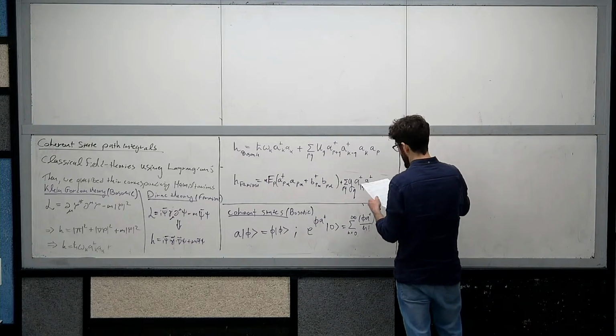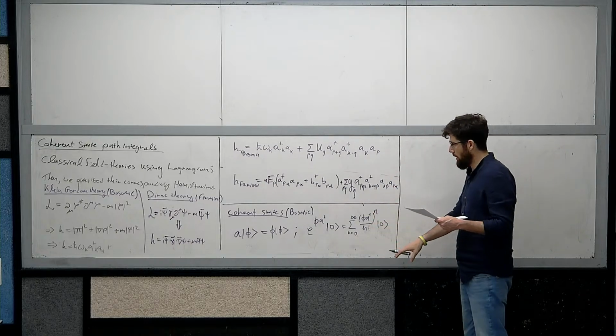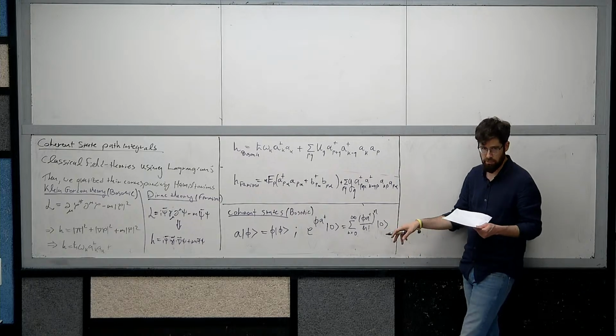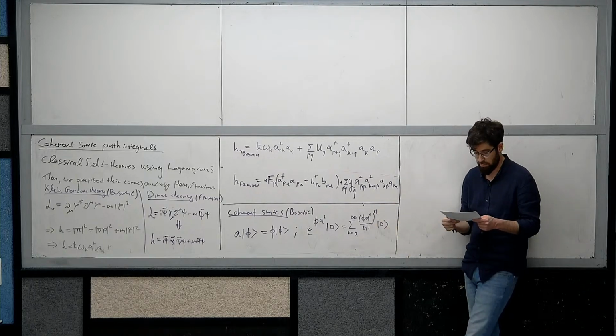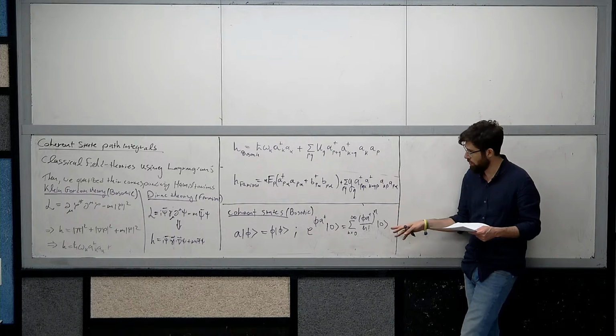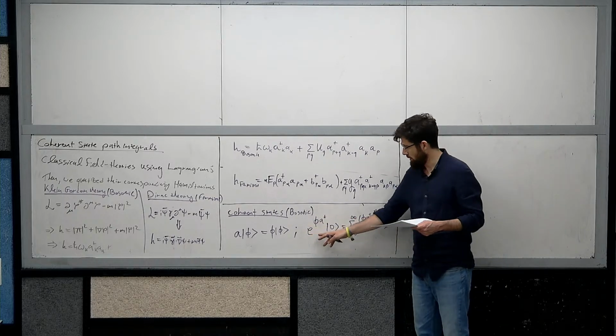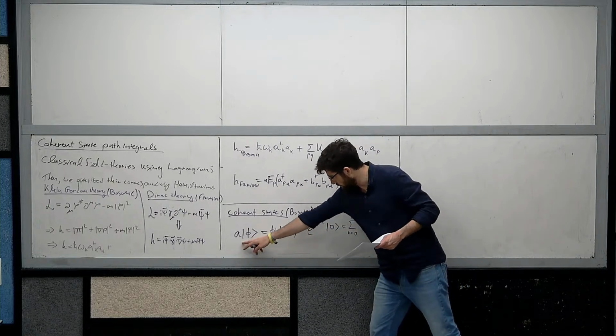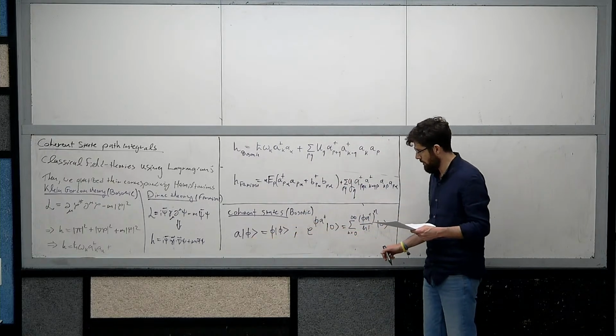And then, okay, and I'll also add to your exercise on the Dirac maybe a few exercises on these coherent states, and you can play around with them and show explicitly by applying A on this, that this holds.